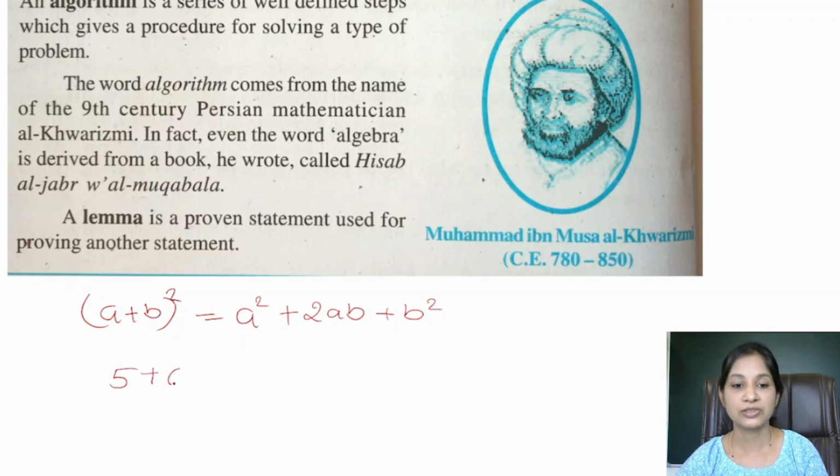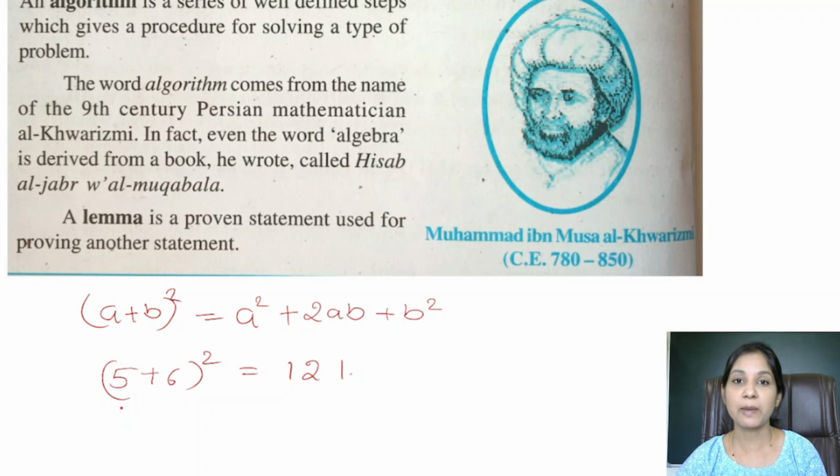Let me take one example. (5 plus 6) the whole square equals 121. Prove this. So what will you do? For this term, you will apply the rule (a plus b) the whole square. Or you can directly do 6 plus 5 is 11, 11 square.